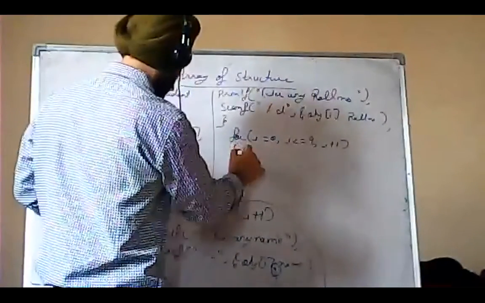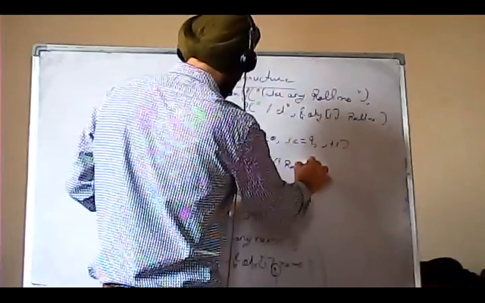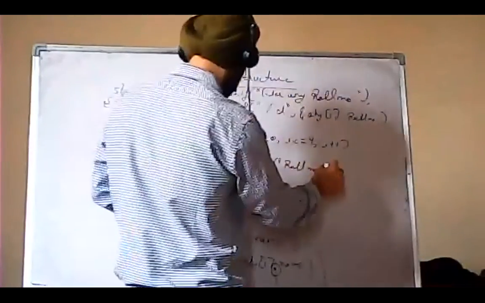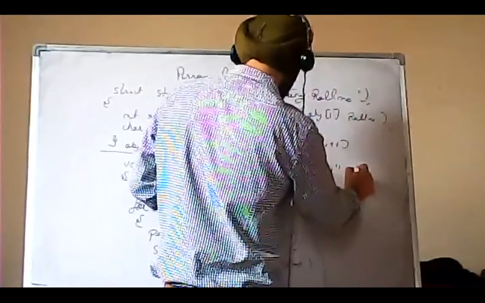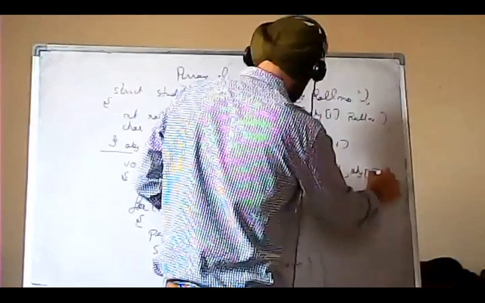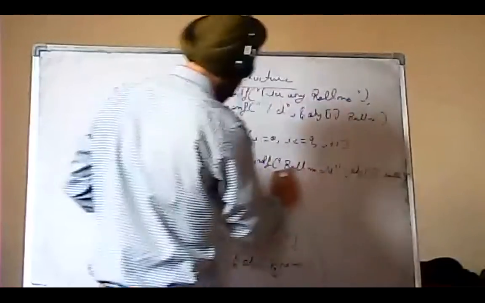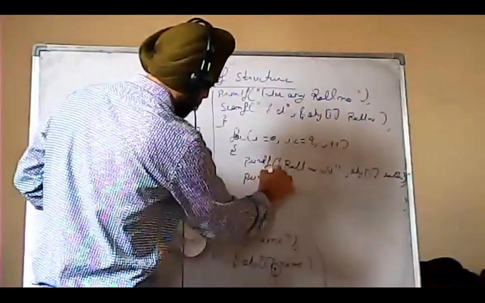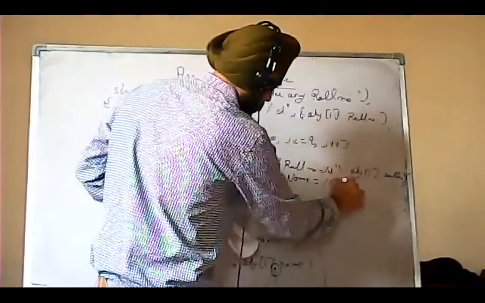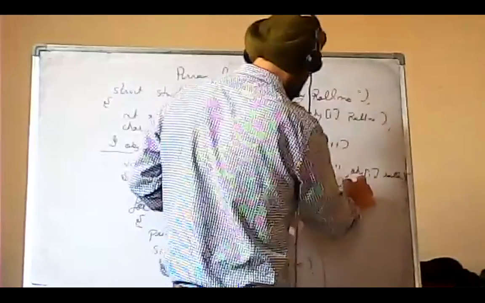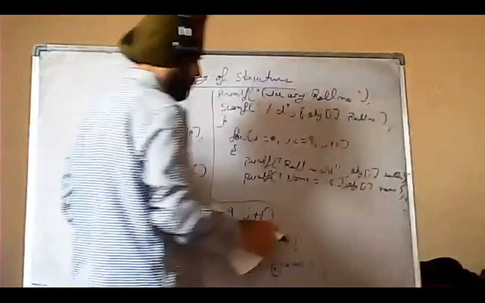Then after that, printing the value, how can we do it: printf roll number is equal to, then comma obj i dot roll number, then semicolon, then in the same way for name, obj i dot name.